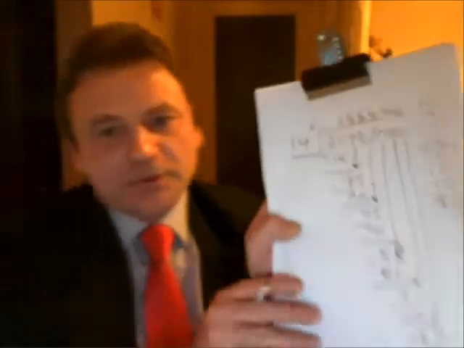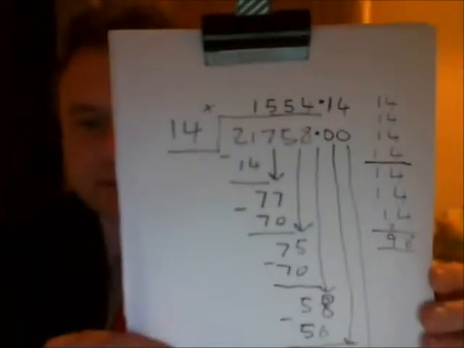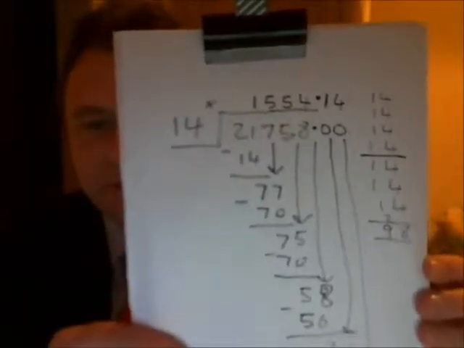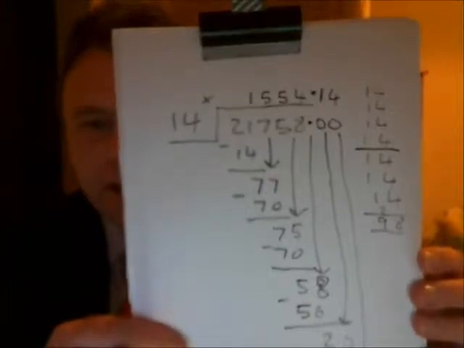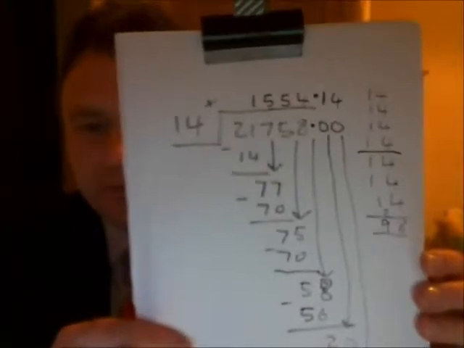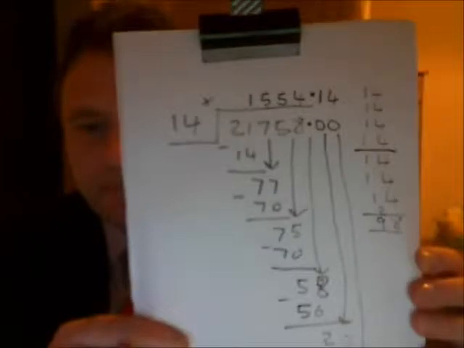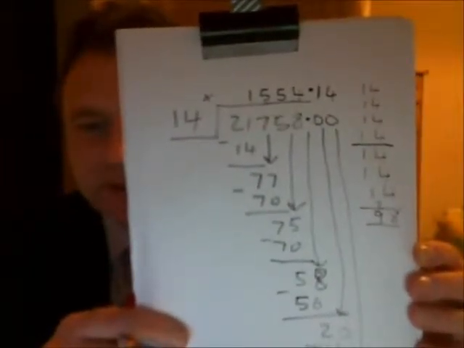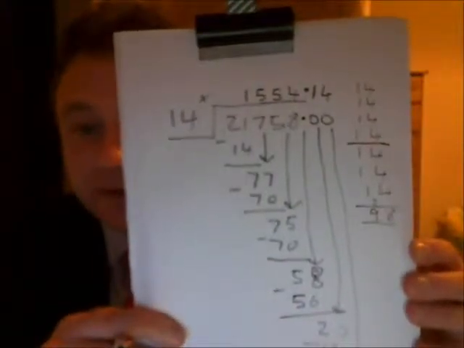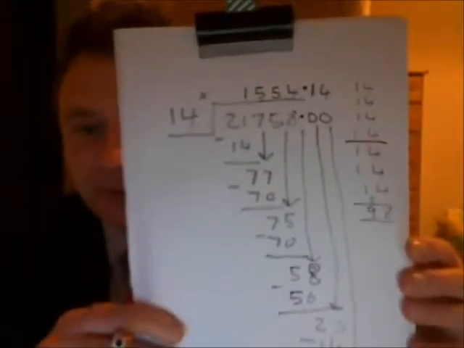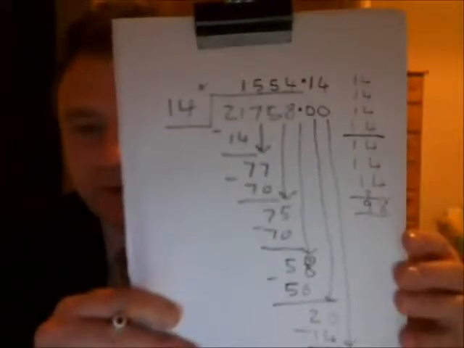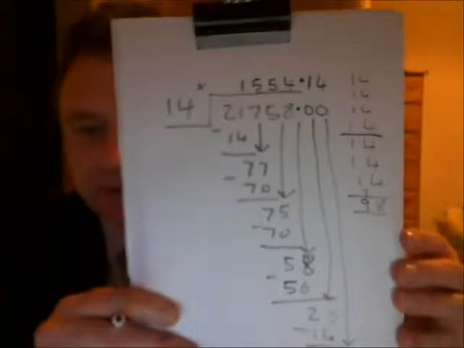So there we have it. We know that 1,554.14 times 14 is 21,758.